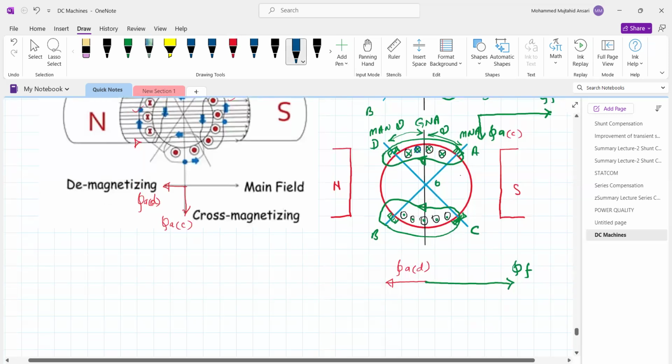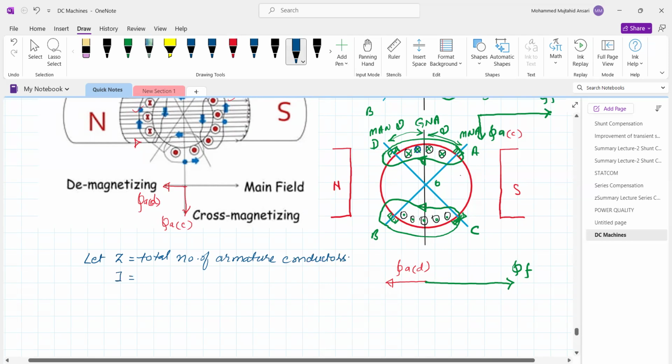We'll consider the same nomenclature. Let Z be the total number of armature conductors.